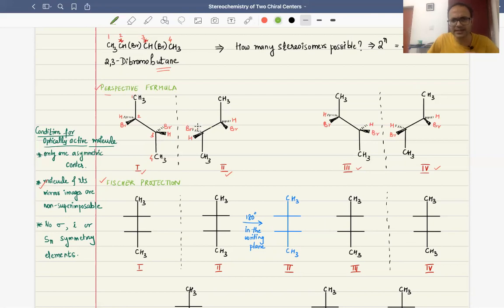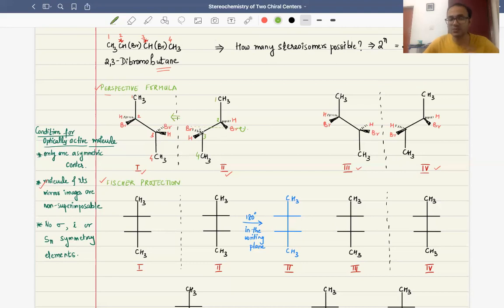If you consider an imaginary axis on this particular writing plane, passing through the midpoint of the C2, C3 bond, and you rotate along this axis in a clockwise direction by an angle of 180 degrees, what you will see is that the configuration that you get would be the same as this particular molecule.